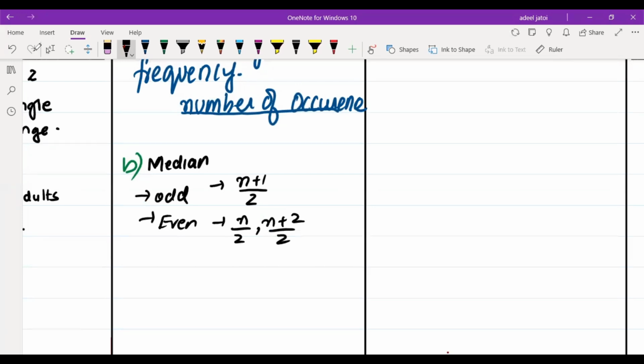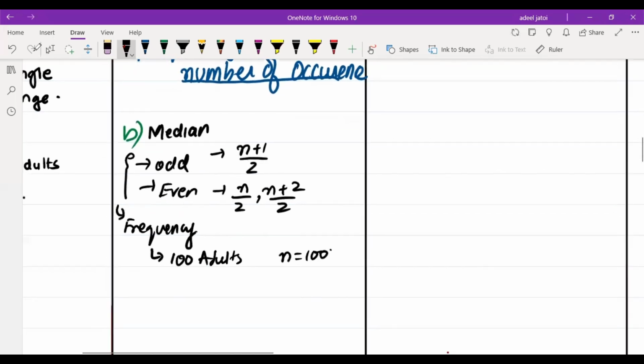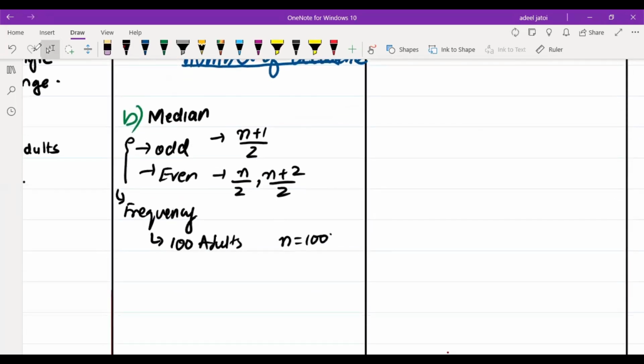Now, this odd and even will be determined with the help of the total frequency. And the total frequency we know was 100 adults. So n is 100, which is even.